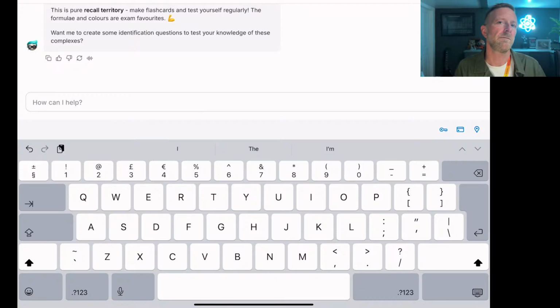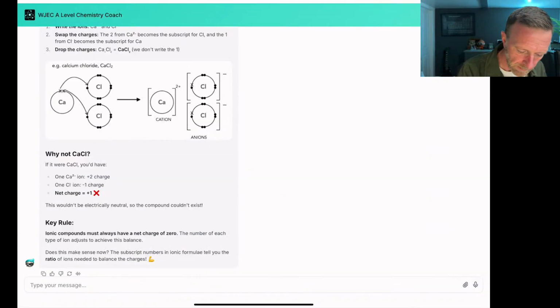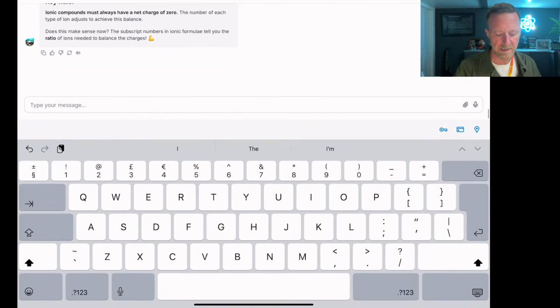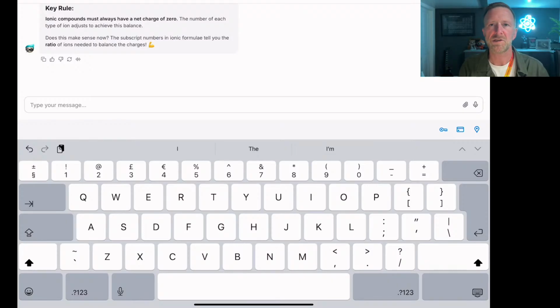So what else can we ask it to do? What do we generally do when we're revising chemistry? Things that are complex to understand. So in WJEC, you guys need to understand emission spectroscopy. That's one of the trickiest parts of atomic structure.